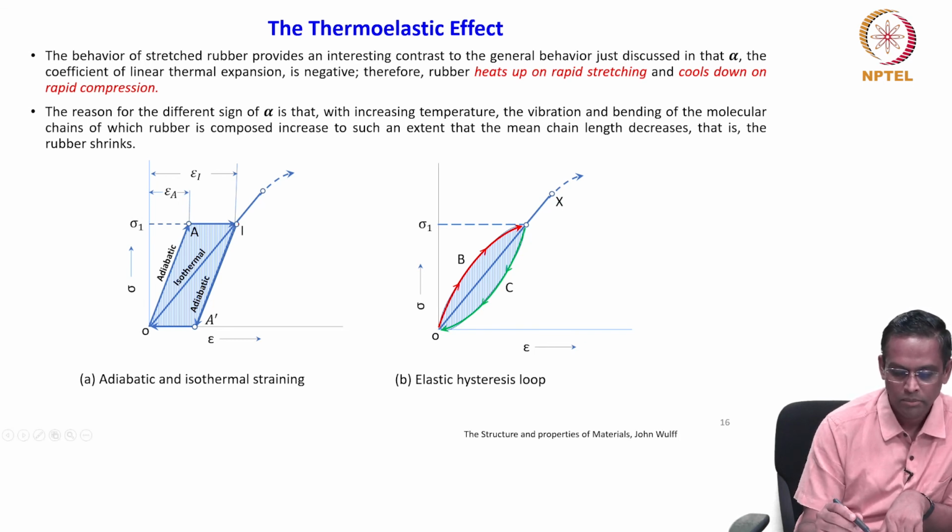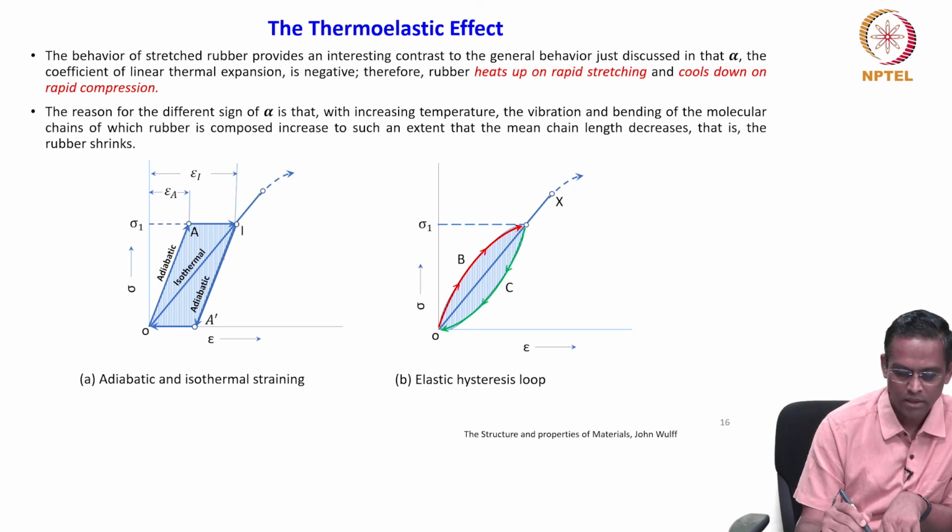Okay. Similarly, instead of unloading slowly, which again will pass through this line, I do it abruptly here. Then again exactly the opposite things will happen, thermodynamic properties, temperature exchange and so on.